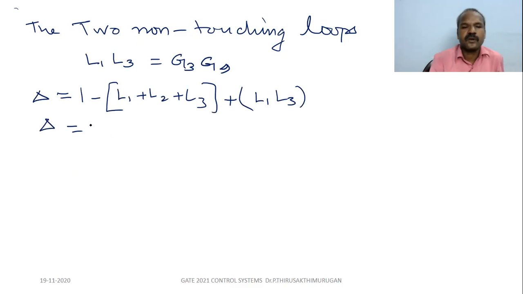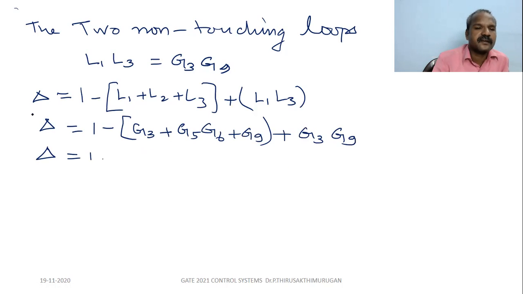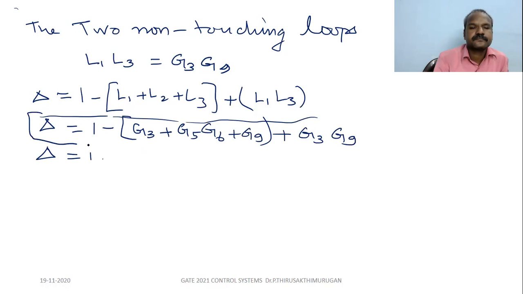So delta equals 1 minus G3 plus G5, G6 plus G9 plus G3, G9. This is our required delta. Clear?